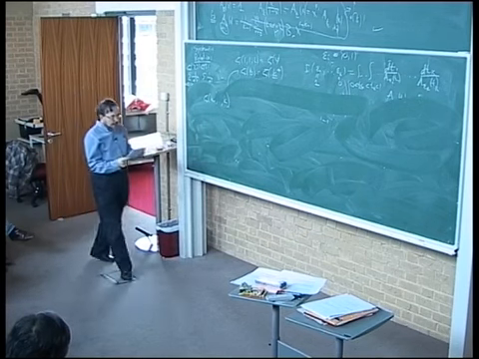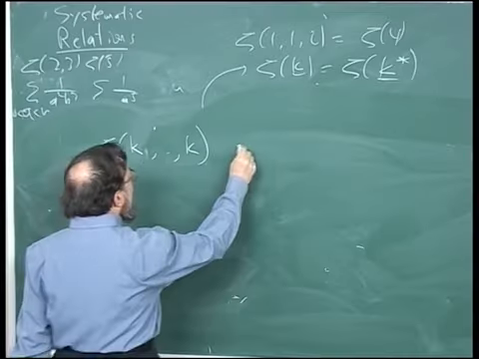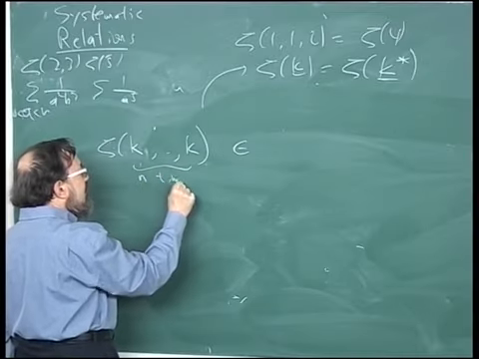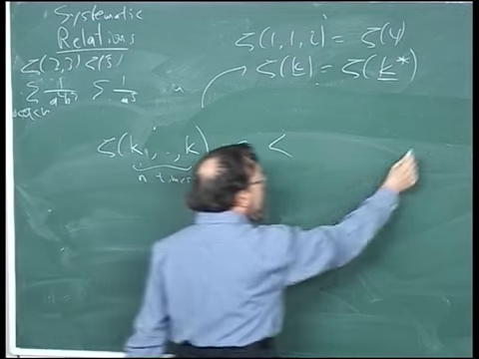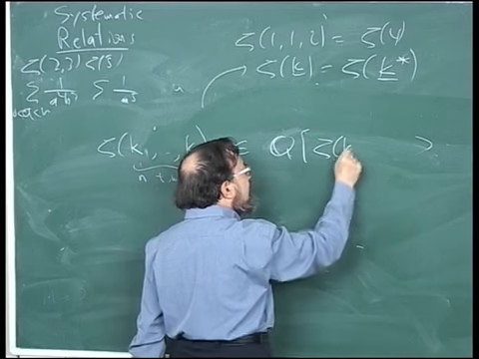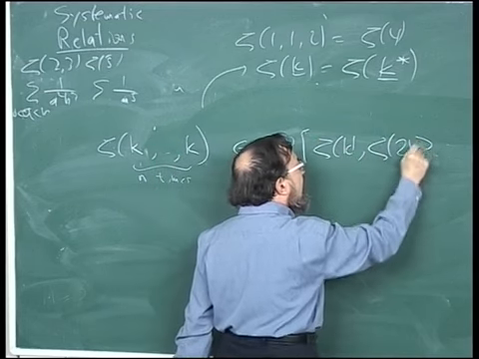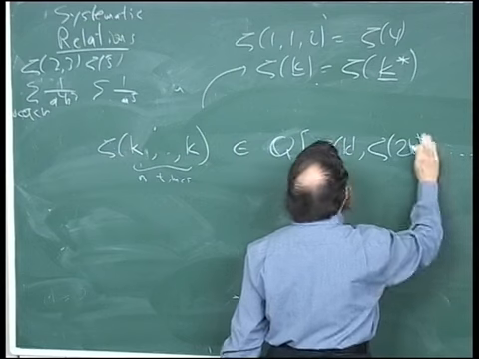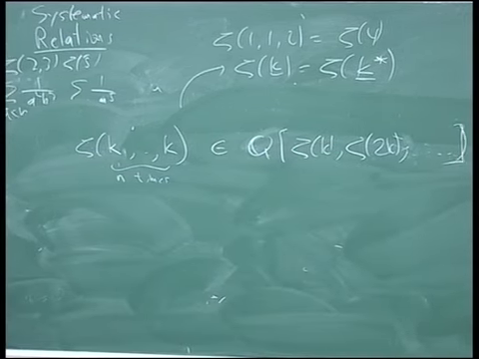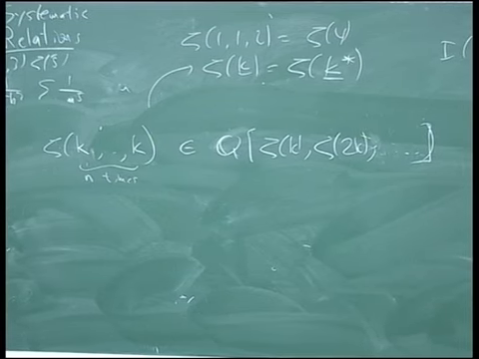If all of my arguments are the same, so let's say I have n times k, then this will be in the algebra generated over Q by the Riemann zeta value, so the Euler zeta value, zeta of k, zeta of 2k, and so on.